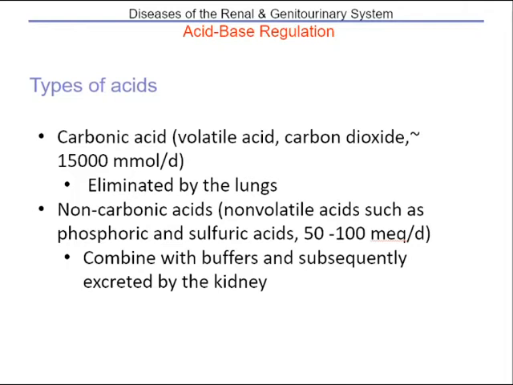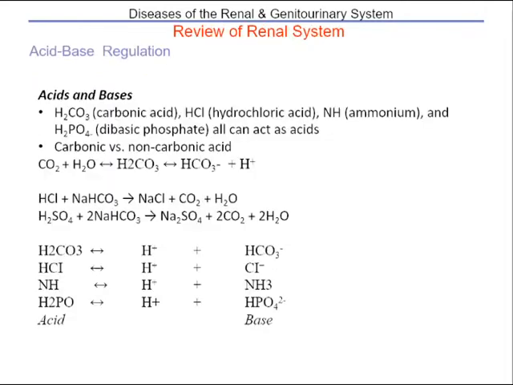Usually they are eliminated by combination with buffers in the body and subsequently excreted by the kidney. So examples of your acids will be your carbonic acid, your hydrochloric acid, or your ammonium, or your dibasic phosphates.